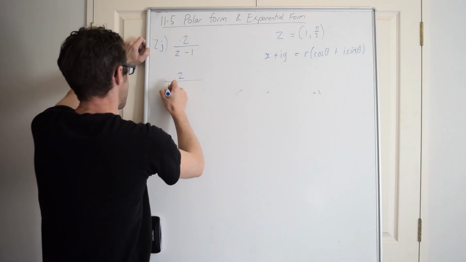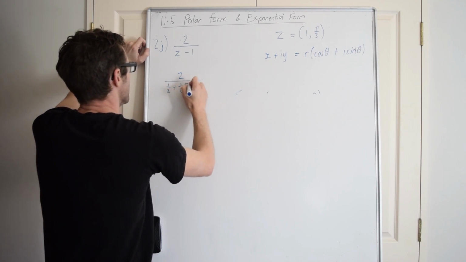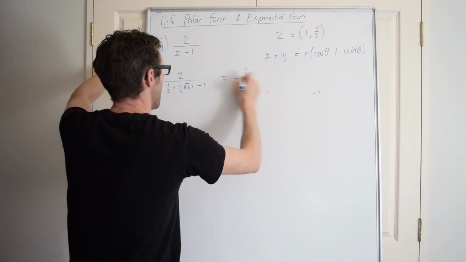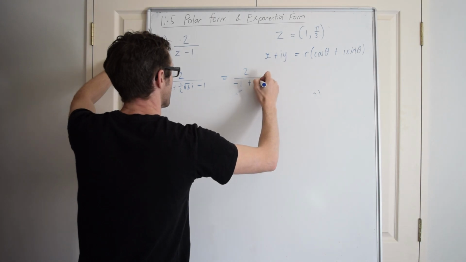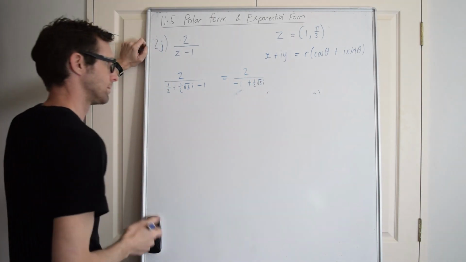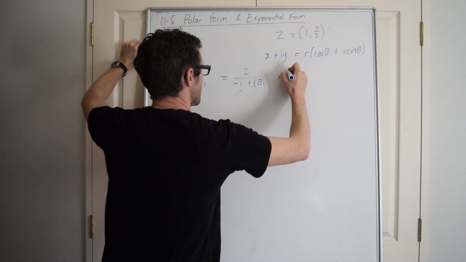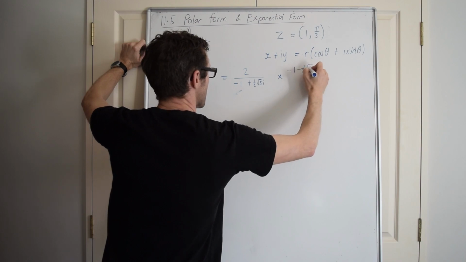I think z was 1/2 plus 1/2 square root 3i, minus 1, and we can simplify that. That becomes 2 over minus 1/2 plus 1/2 square root 3i. And then we're going to use what we learned earlier to change this. We're going to times by the complex conjugate.